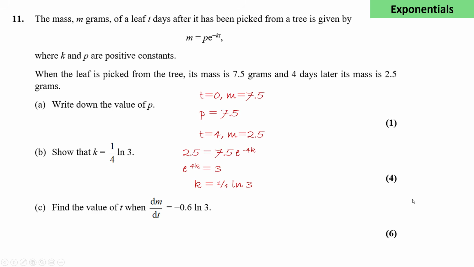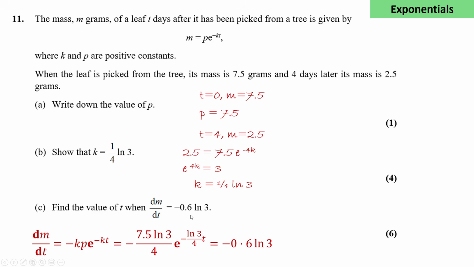And finally, we're asked to find the value of t when dm by dt equals minus 0.6 ln 3. So when we differentiate m, dm by dt will be minus kp times e to the minus kt.